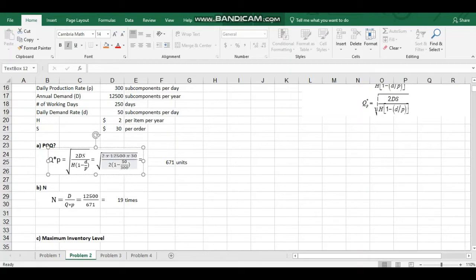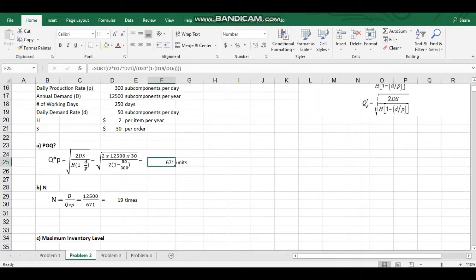Okay, the annual demand is 12,500 units, and then the setup cost is $30, and then the holding cost is $2, and the daily demand rate is 50 units. Also the production rate in a day is 300. And then we just calculate this number, and finally we have 671 units as our POQ.